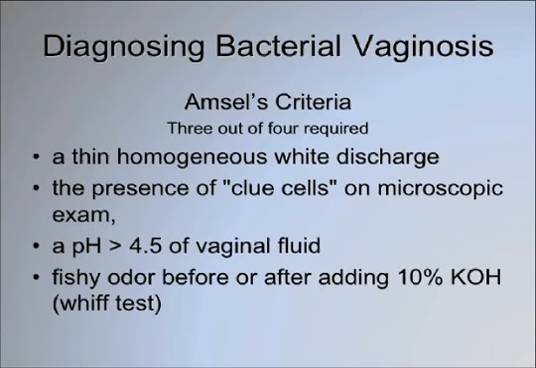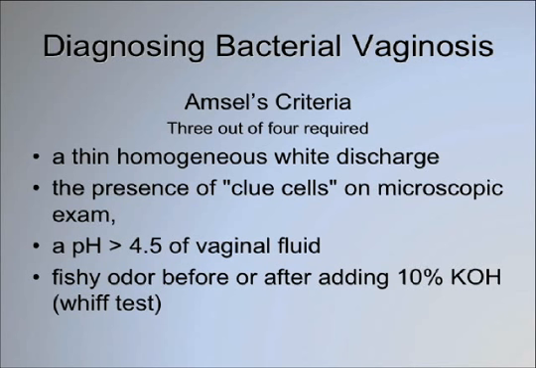Now, let's talk a little bit about the joys, the absolute joys in my life of diagnosing bacterial vaginosis. You use Amsel's criteria. Amsel's criteria, you have to have 3 out of these 4. You need to have a thin, homogeneous white discharge. You need the presence of clue cells on microscopic examination, and you need a pH above 4.5.